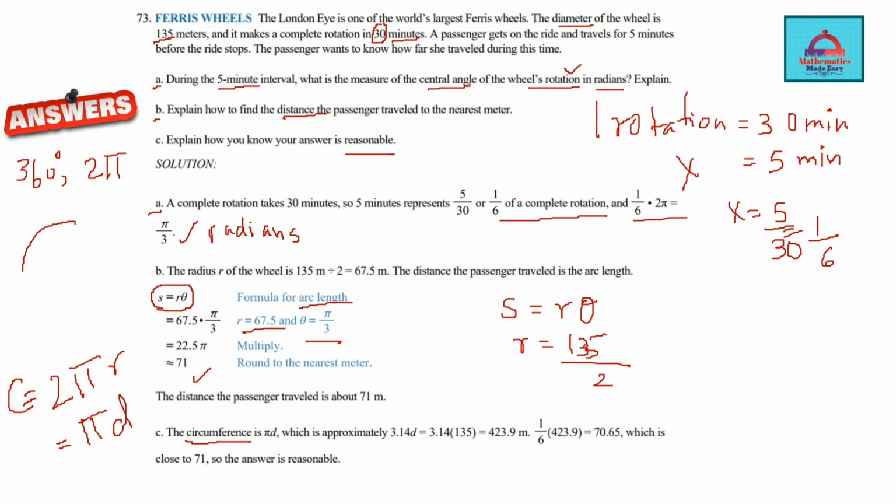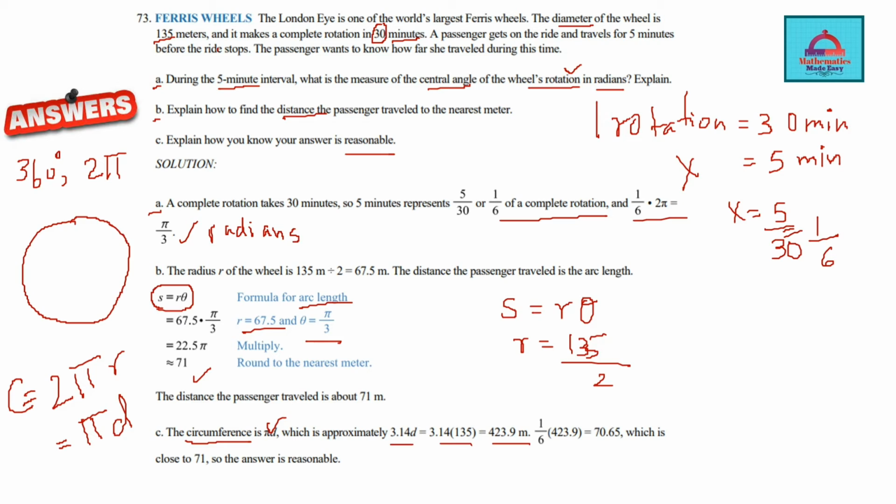If you have a circle like this, its boundary is the circumference. For the London Eye, the boundary of all the seats, if you join them, is like the circumference. So with pi as 3.14 and the diameter given to you, this comes to roughly 423.9.